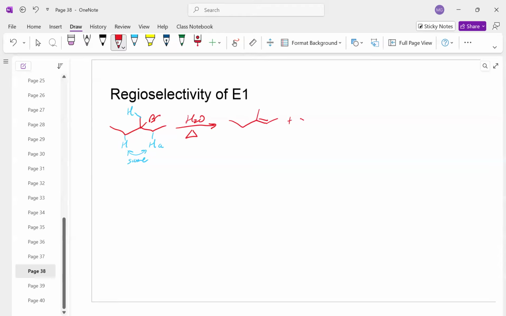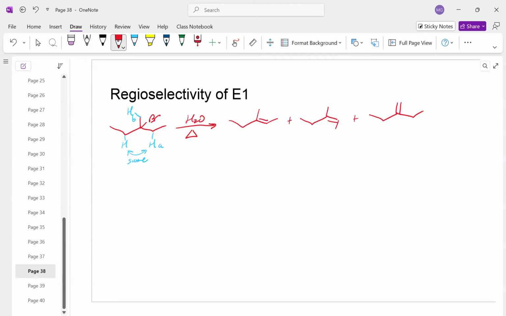It's also possible to get this alkene. Now, if I were to pull off beta hydrogen B, I would get this alkene.